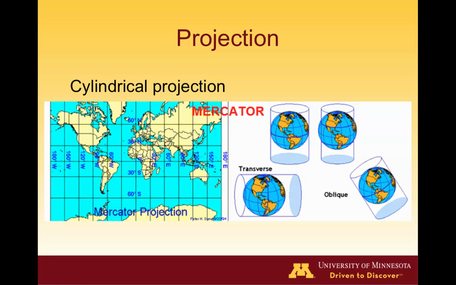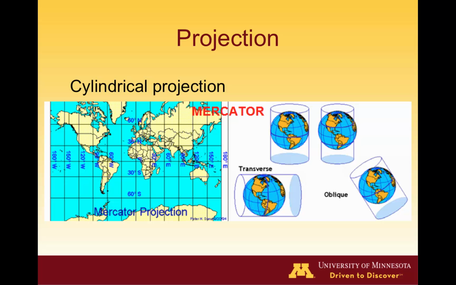For the cylindrical projection, it's the same. You have both tangent projection and secant projection, where you intersect the cylinder with the globe itself. And also the direction of placing the cylinder is different. You can have different ways of placing the cylinder.